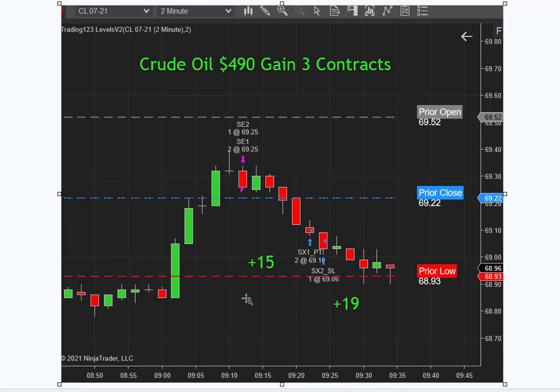And the power of support and resistance, like I said, institutions use this. So you want to trade with institutions and follow the money like they always say. This is how they do it. They're not waiting for a MACD crossover or a stochastic or whatever else everybody's using, Bollinger Bands, or RSI.